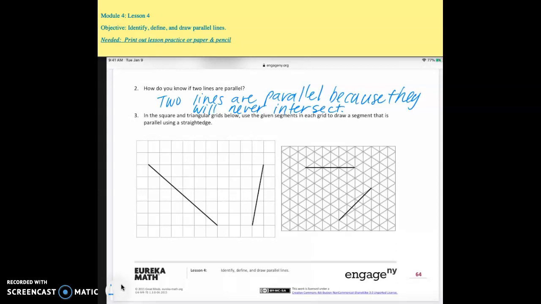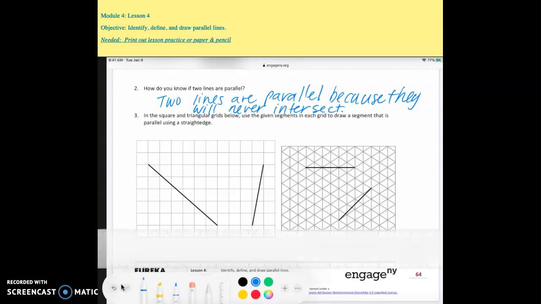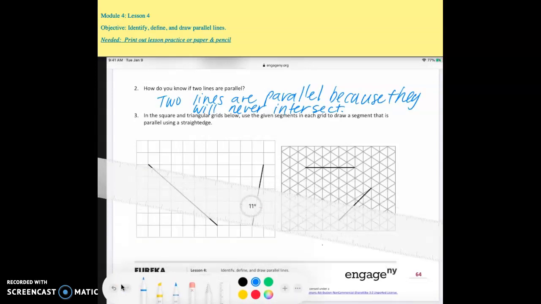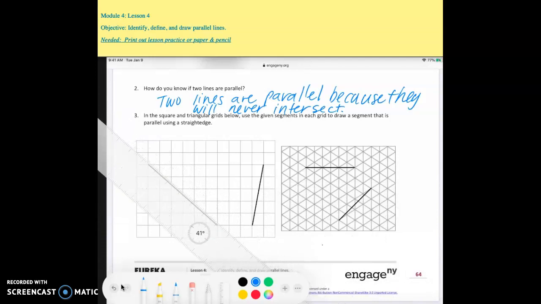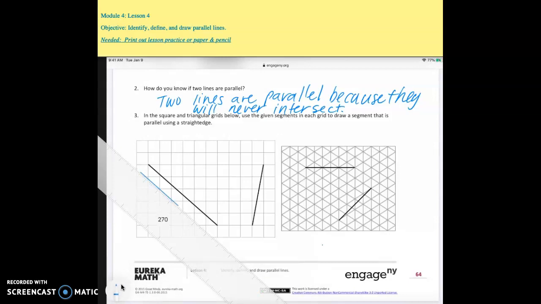All right, using the triangular and square grids below, use the given segments on each grid to draw a segment that is parallel using a straight edge. So we're going to draw one line for each. All right, I'm going to line this up and draw a parallel line here.